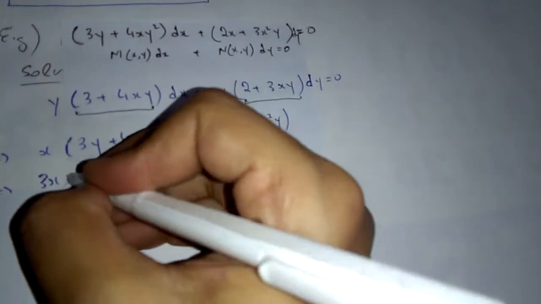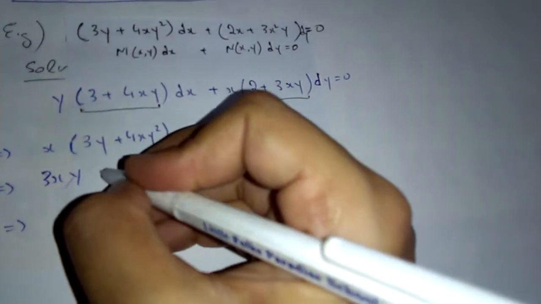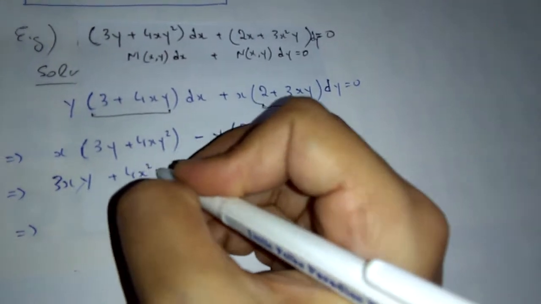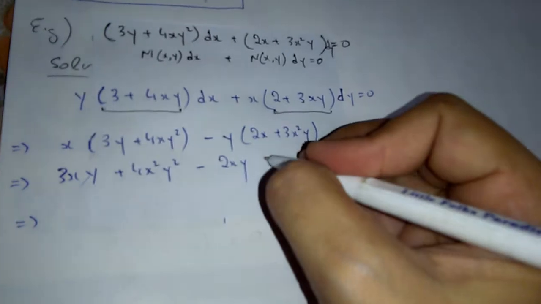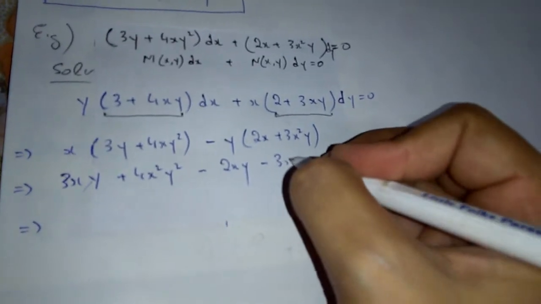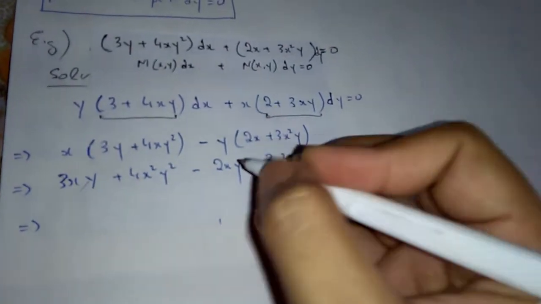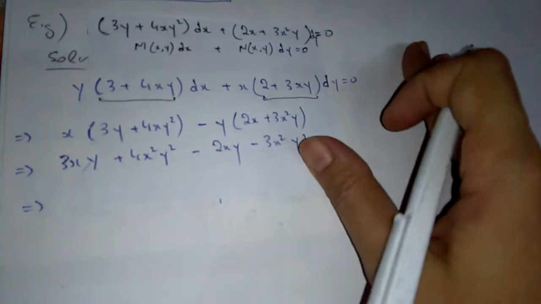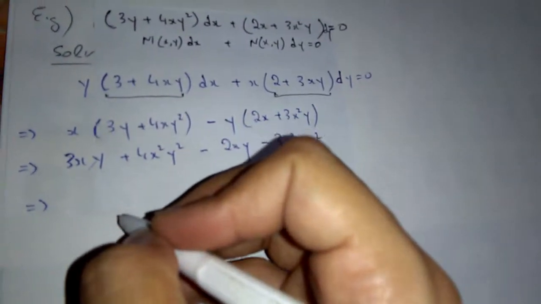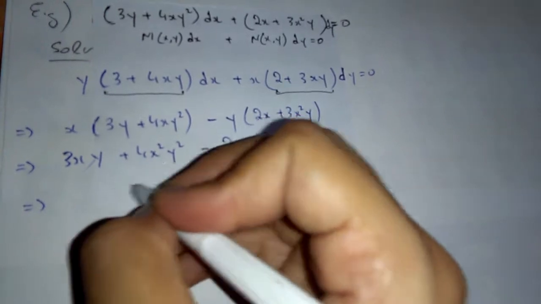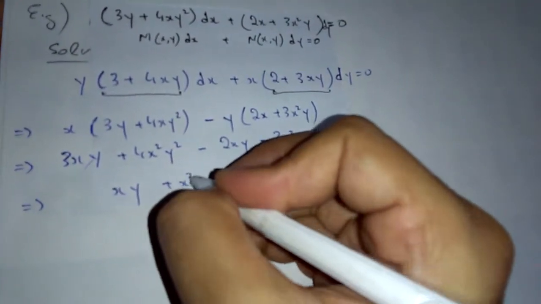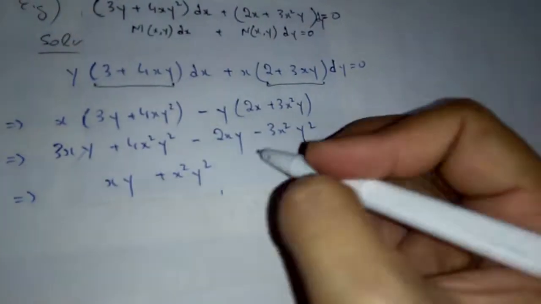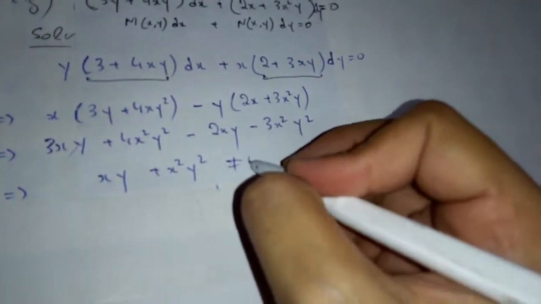It's going to give me 3xy plus 4x squared y squared minus 2xy minus 3x squared y squared. So what we have now is xy plus x squared y squared, and definitely they have not vanished. It means this stuff is not equal to 0.